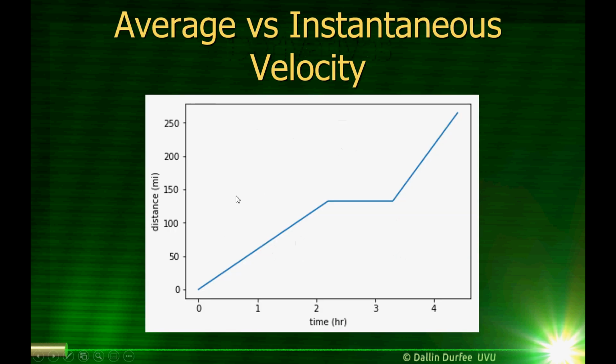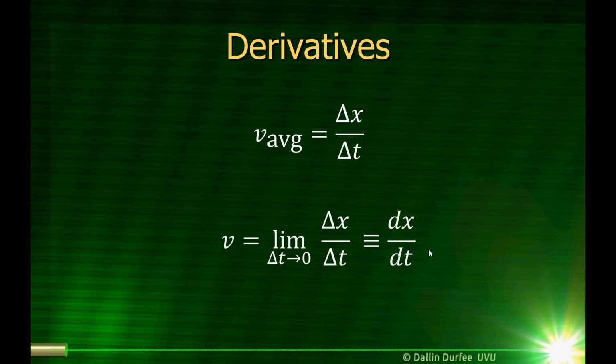I want to know not the average over all of this time. I want to know exactly how fast it is going at this moment in time. So I take the limit as my time step goes to zero, and that's a derivative. So a derivative is changing something per something else changing, in the limit of infinitely small steps.